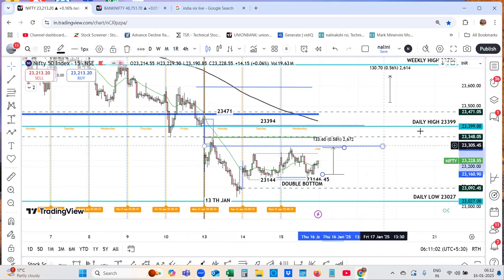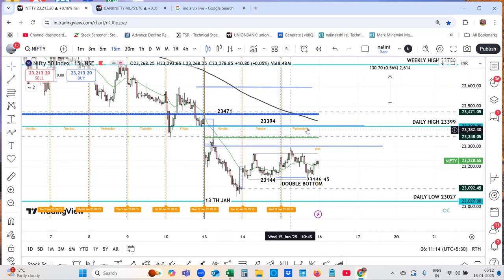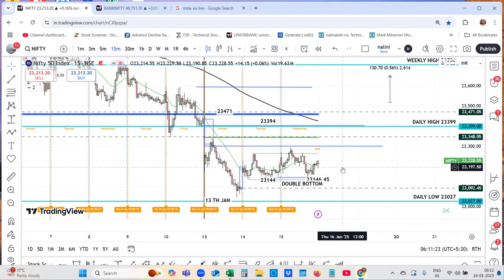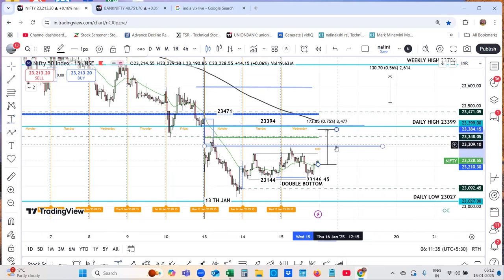So it can cross the VIX daily high level, 23,399. If it starts going past this level and there is a failure, filling this gap, failure can bring down the market. But the range expansion is around 172 points.